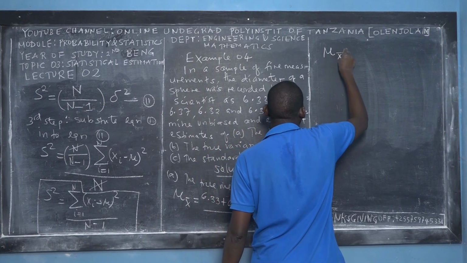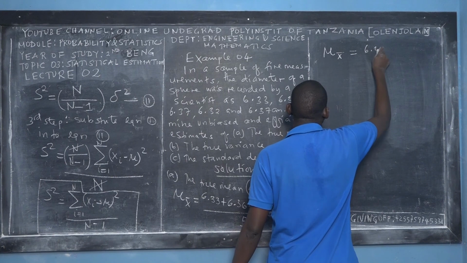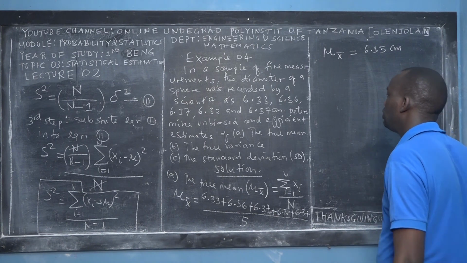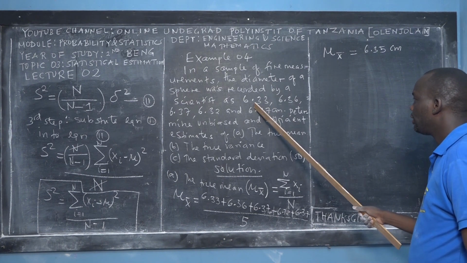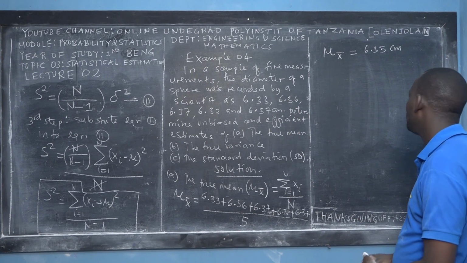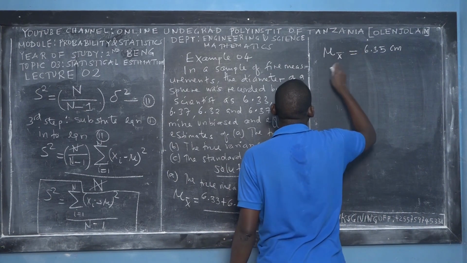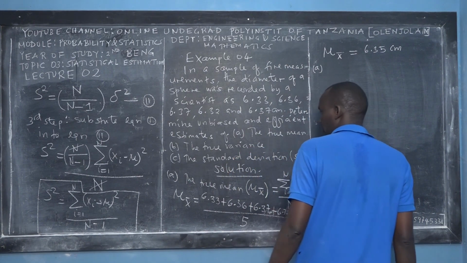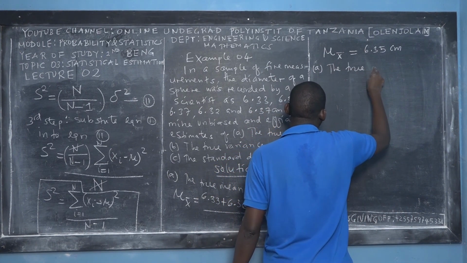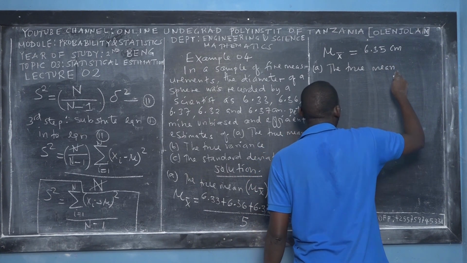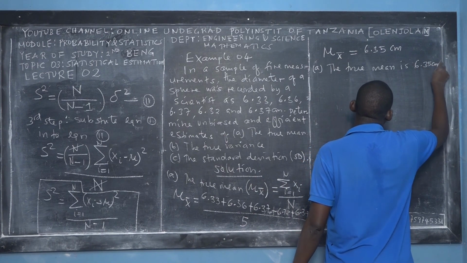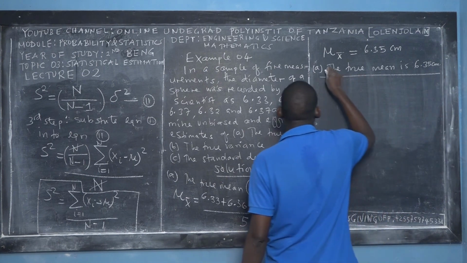So the statistical mean is equal to 6.35 centimeter, because the unit of each statistical data is in centimeter, since it's the diameter of the sphere, with the magnitude and then the unit. So we can conclude Roman A, the true mean of the diameter of the sphere, is simply 6.35 centimeter. So this is the final response.